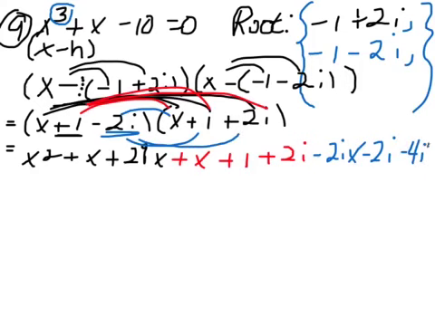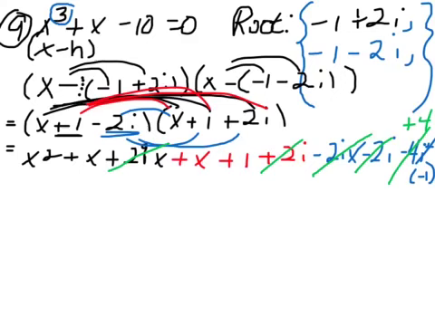And you know what? That i squared is the same thing as a negative 1, so negative 4 times negative 1 would actually be plus 4. I'm just going to go ahead and simplify that because I know I've got to do that at some time. I really don't want to recopy all that. Now there's some stuff here that's going to cancel out. The plus 2ix and the minus 2ix, the plus 2i and the minus 2i.